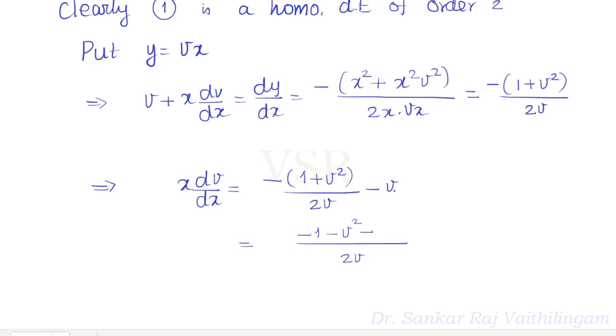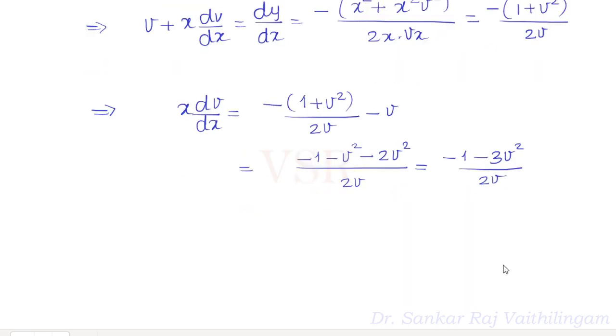So we will have this is 2v square. அப்படின்னா என்ன கிடைக்கும்? This is equal to minus 1 இது ரெண்டும் கூட்டினீங்கன்னா minus 3v square divided by 2v. Okay, சரி, அப்போ I may write this is minus of (1 plus 3v square) divided by 2v.